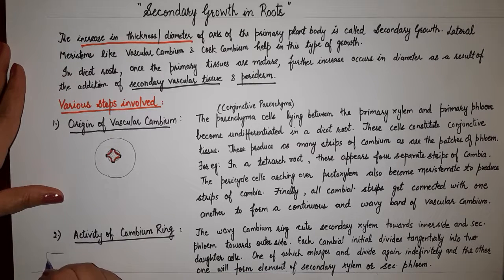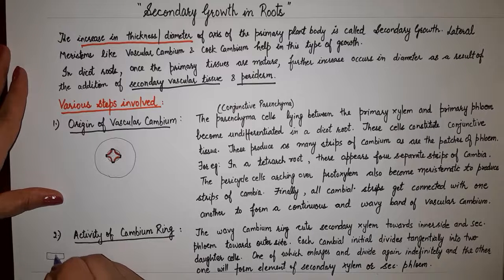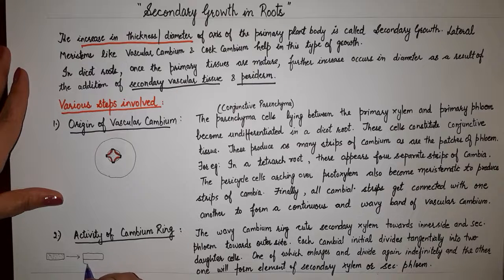If this was the cambial initial, in order to differentiate, let's make it dotted, the single cell. So it will divide tangentially. Tangentially means perpendicular to radius. So the initial is going to divide along the horizontal axis and it will result in the formation of a new cell.